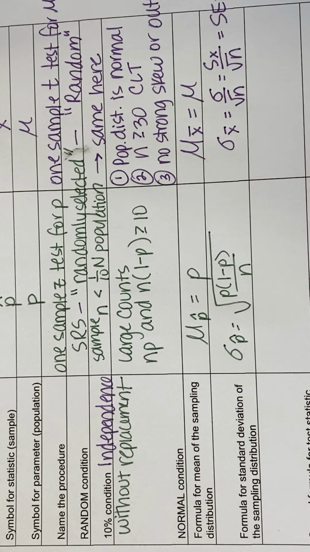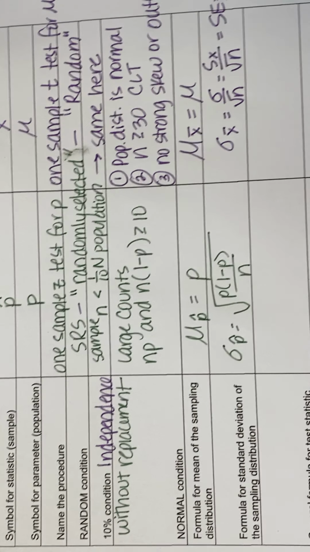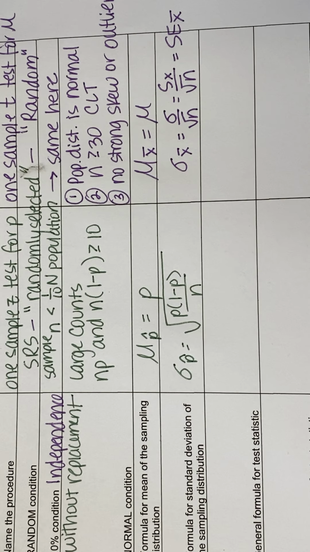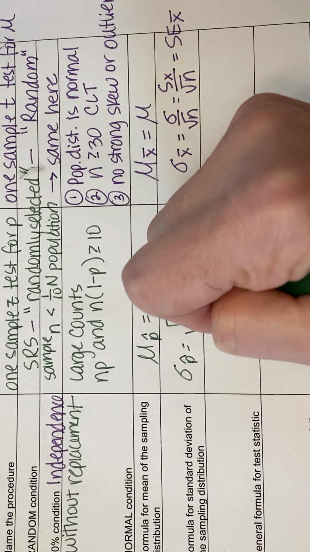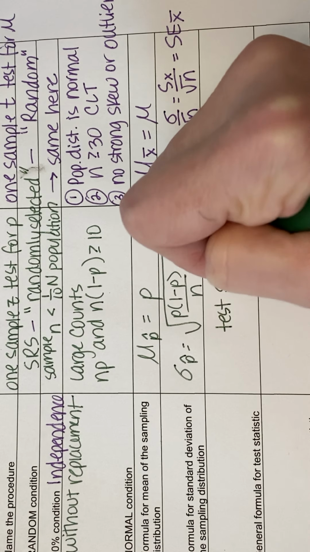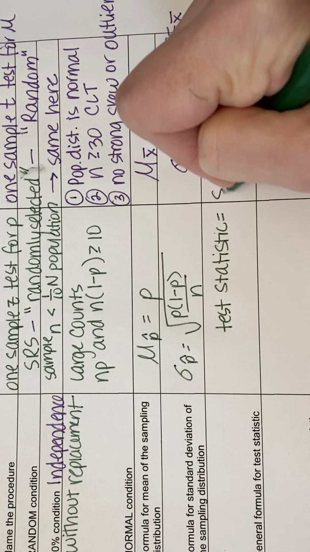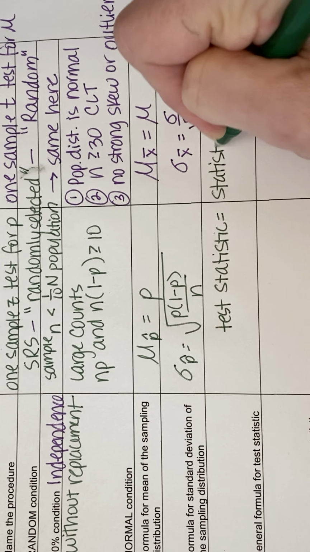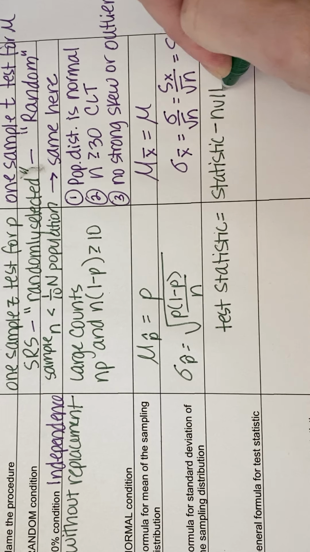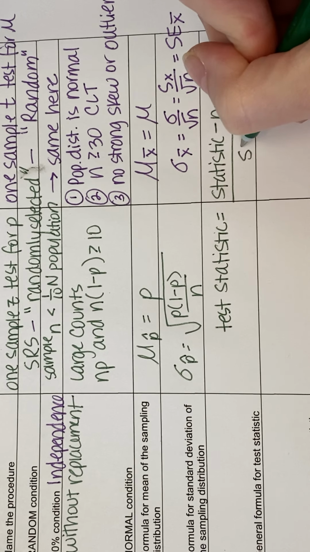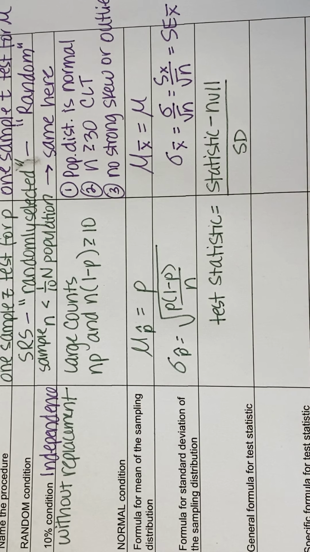All right, the general formula for your test statistic, it's the same for both of these methods. The general formula is that your test statistic is going to equal your statistic minus your null value divided by the standard deviation.